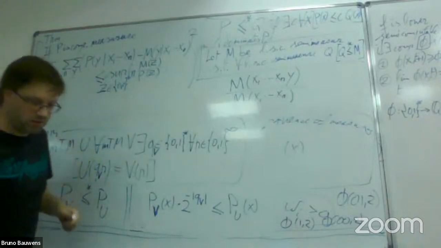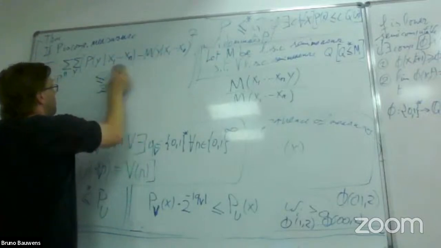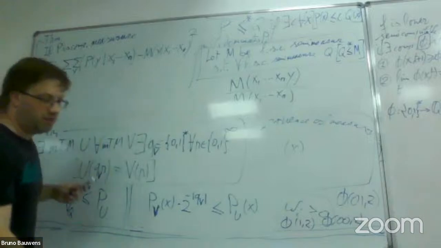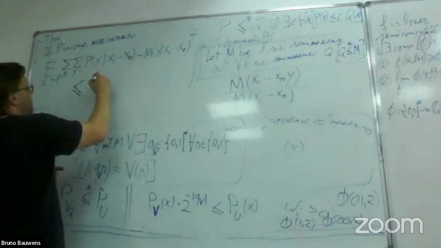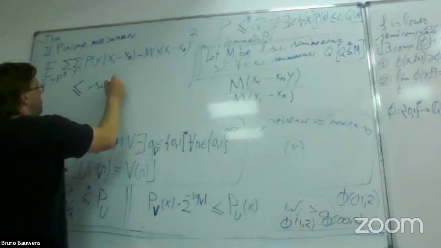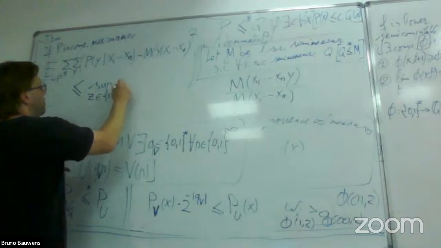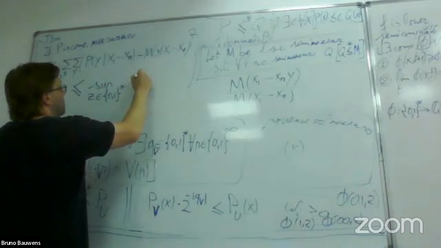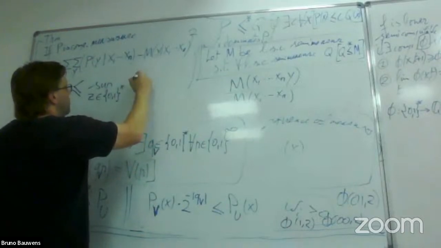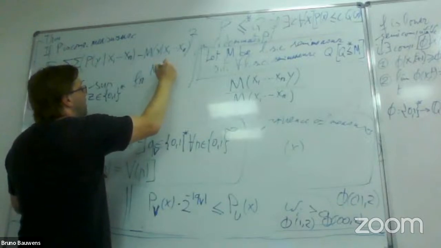I think it's just me not writing carefully. So it is bounded by the supremum, and we look over all strings in {0,1}*, and then we look at the natural logarithm of the ratio M of z.